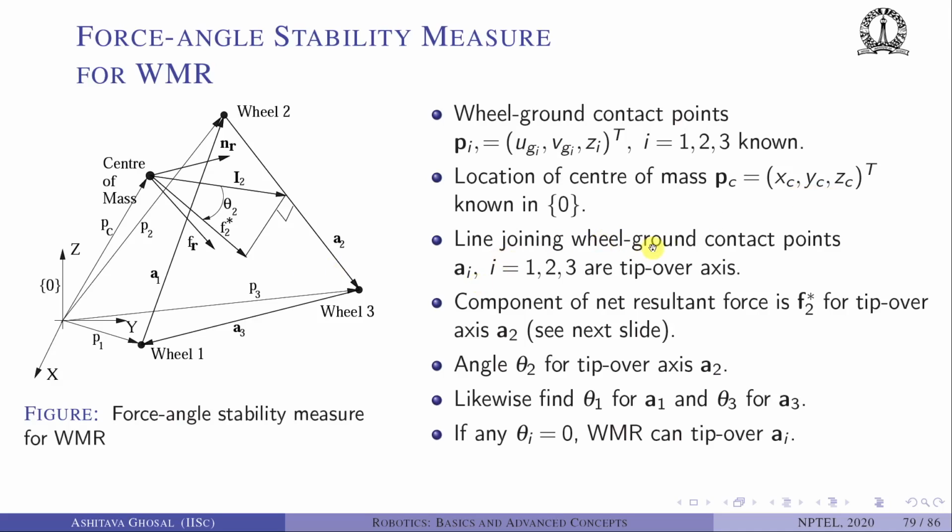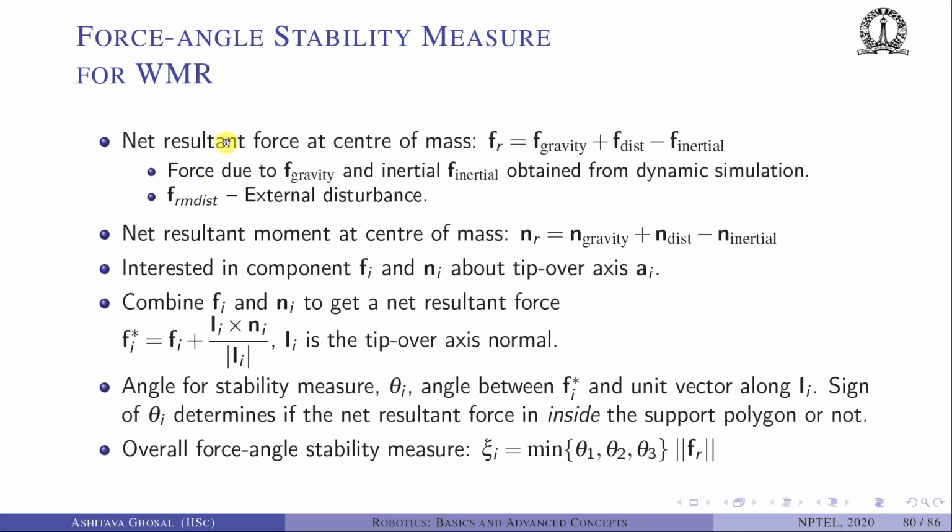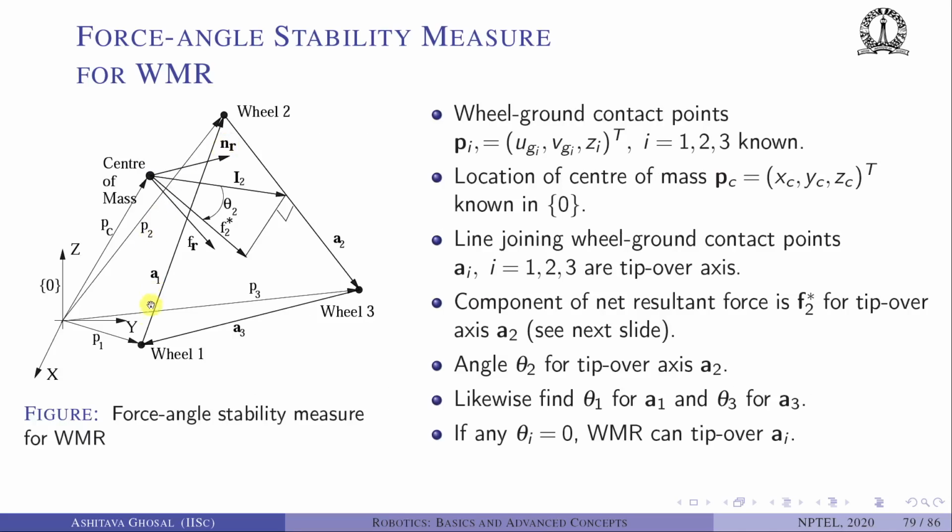The line joining the wheel ground contact points is AI. A3 is the line which joins wheel 1 to wheel 3. A2 is between 2 and 3, and A1 is between wheel 1 and wheel 2. And then we have this force which is acting at the center of mass, which is Fr.